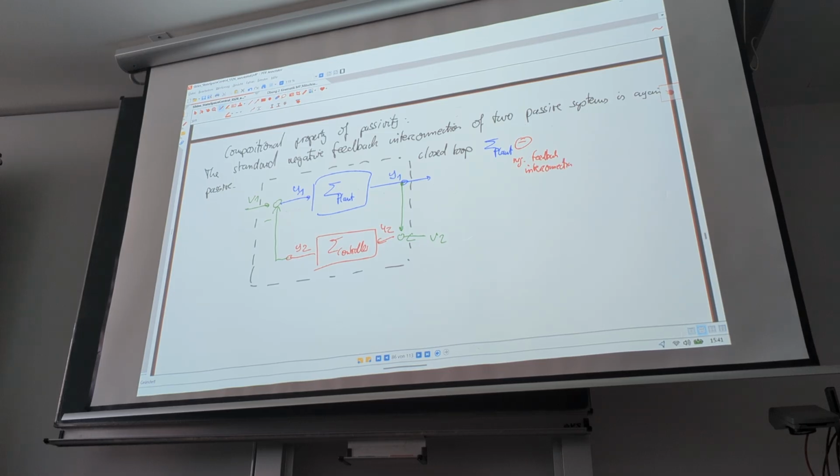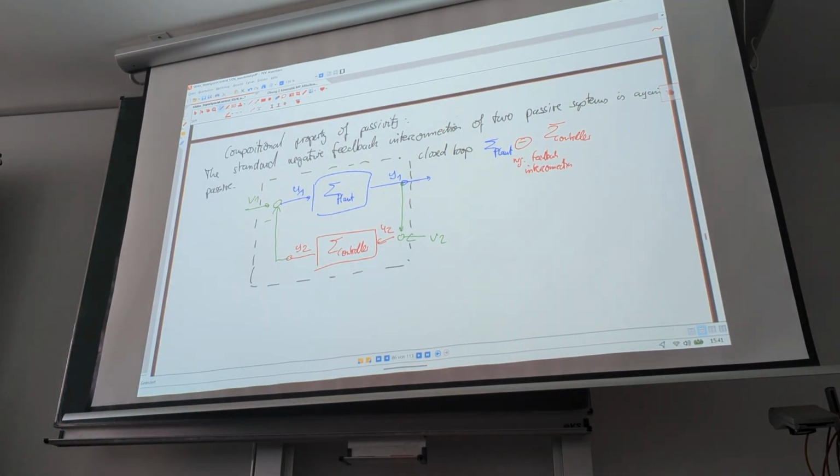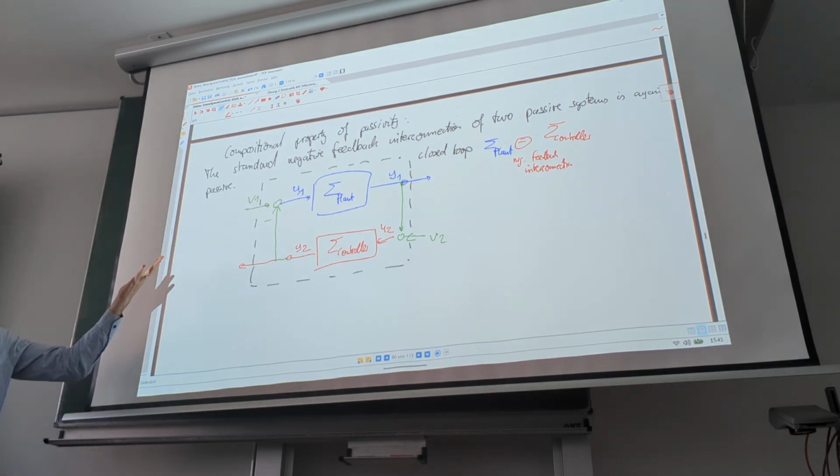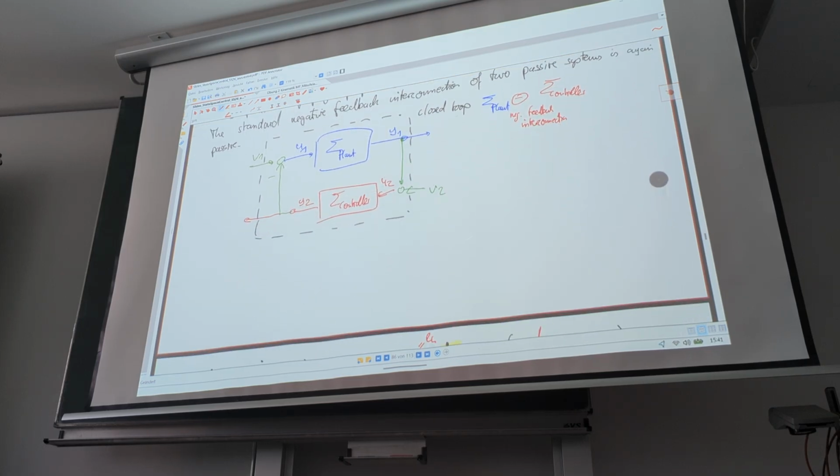Sigma controller. This would be passive again if you compare it for the inputs v1, v2 and the outputs y1, y2. This can be shown without any problem. And that is now a nice result because this is exactly one of our standard control problems. And more results of this type can be found here.